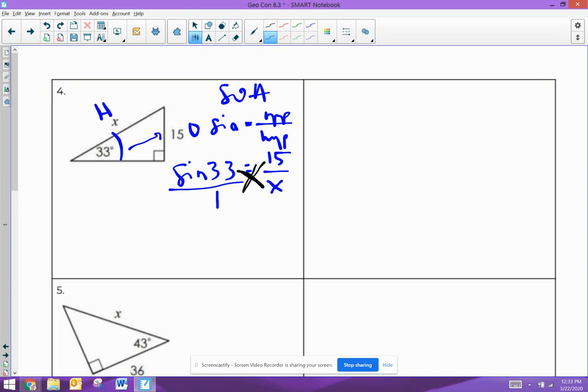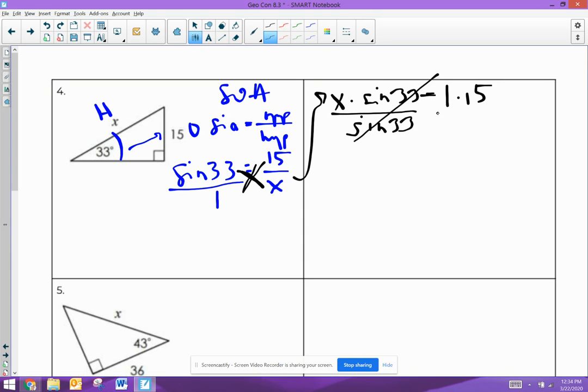So we have x times the sine of 33 equals 1 times 15. So we want to get x by itself, but we don't want to have to do any intermediate rounding. So in order to isolate x, I'm going to divide by the sine of 33.